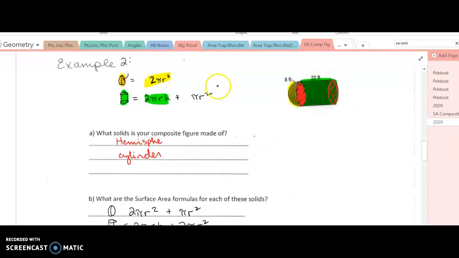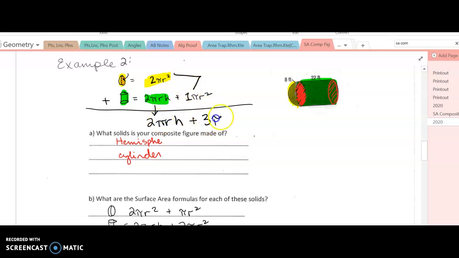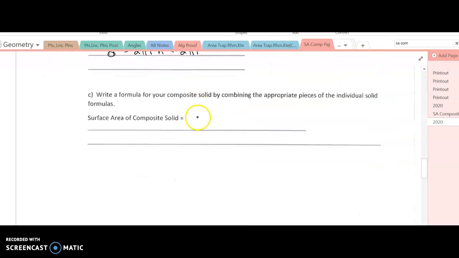So couldn't we really call this, if this is 1 pi r squared plus 2 pi r squared, we could say this whole thing is the 2 pi r h plus really it's 3 pi r squared, right? So that would be our composite formula, 2 pi r h plus 3 pi r squared.